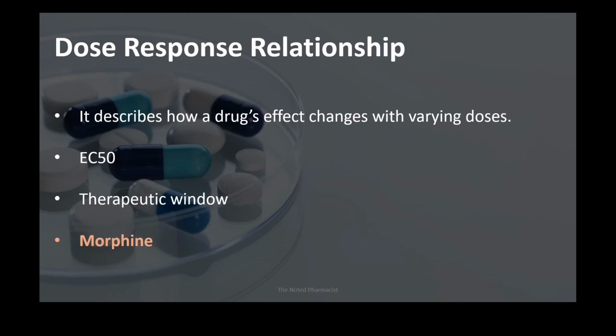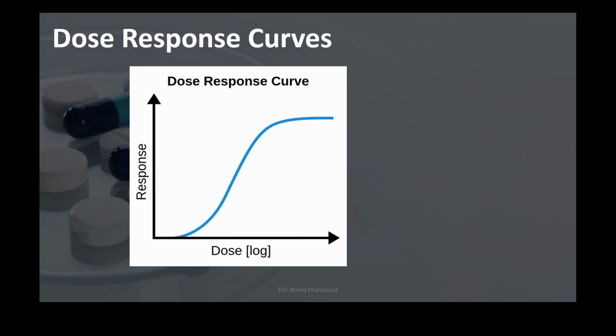Understanding this relationship helps clinicians determine safe and effective dosing strategies. Dose-response relationship is what gives rise to dose-response curves. Dose-response curves illustrate the relationship between a drug dose and its effect, showing how responses change with increasing doses, helping to identify potency, efficacy, and therapeutic range of a drug.